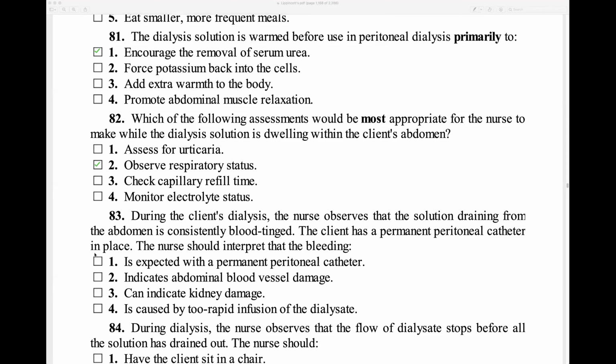The correct answer for 83 is 2. So remember, we learned in the study guide that when the outflow comes out red, it could indicate vascular complications like blood vessel damage. Okay, so let's see where it says that in the study guide.